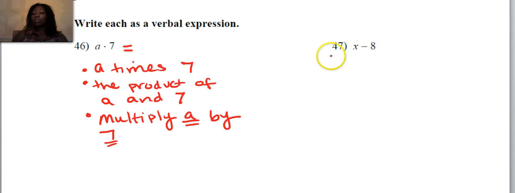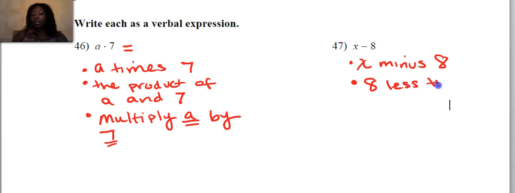How about this one? A lot of you probably look at this and just say x minus 8. Here's another one, a good one: 8 less than x. That's an important one that we're going to look at really soon.